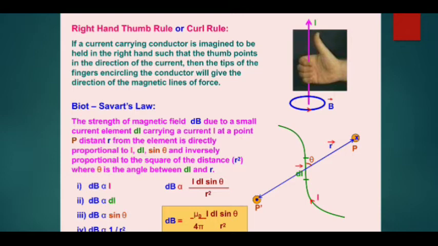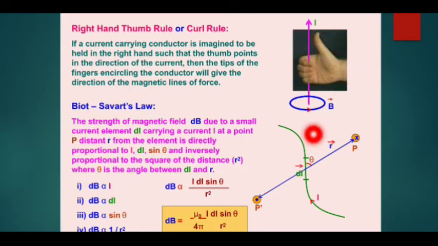At the same time, the magnetic field is directly proportional to the sine of angle, that is sine theta. And the last one, the magnetic field is inversely proportional to the square of distance, that is 1 by r square.